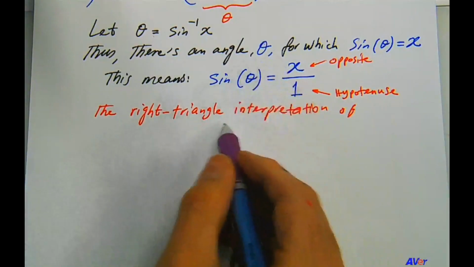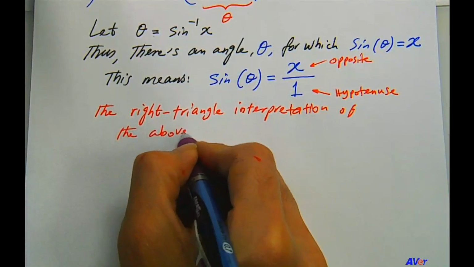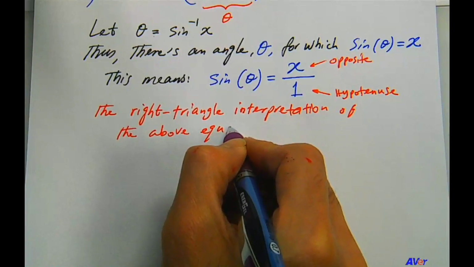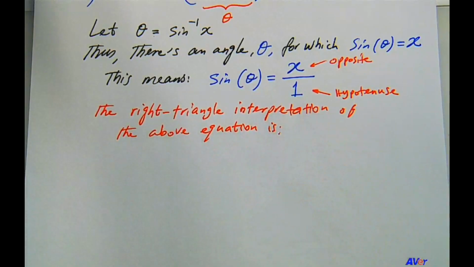So the right triangle interpretation of the above equation is as follows.